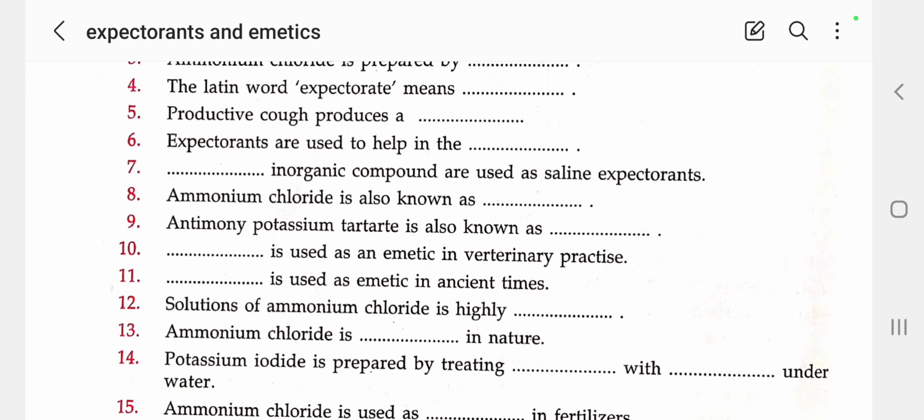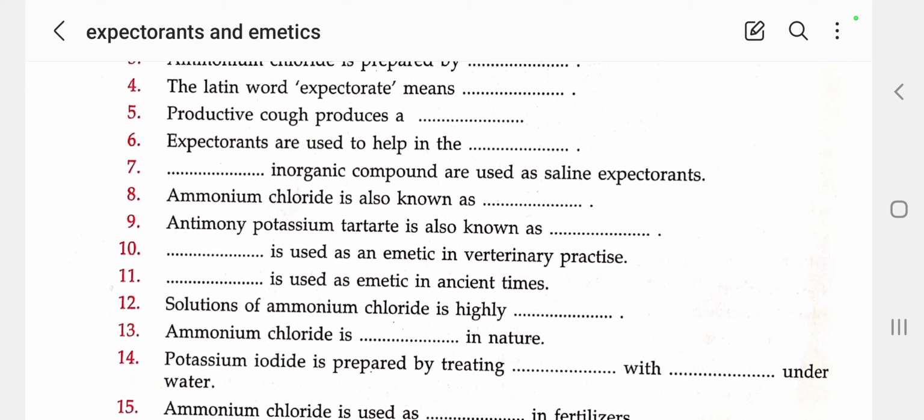Then 10th one, dash is used as an emetic. Sometimes what they are asking is antimony potassium tartrate, which is also known as tartar emetic. Anyway, it is not included in our syllabus, but we are going to study sodium potassium tartrate instead of antimony potassium tartrate. Remember that.